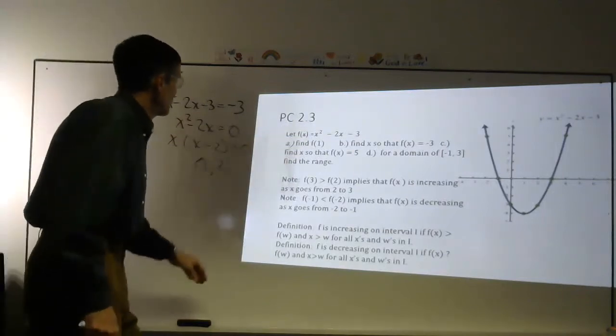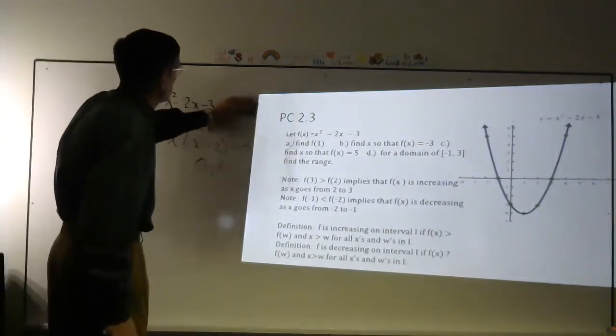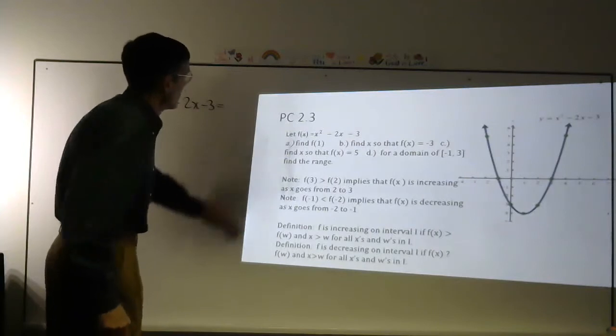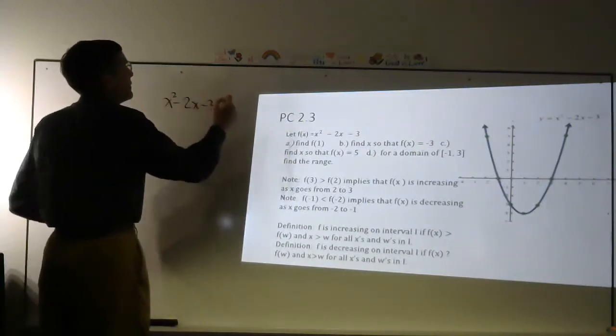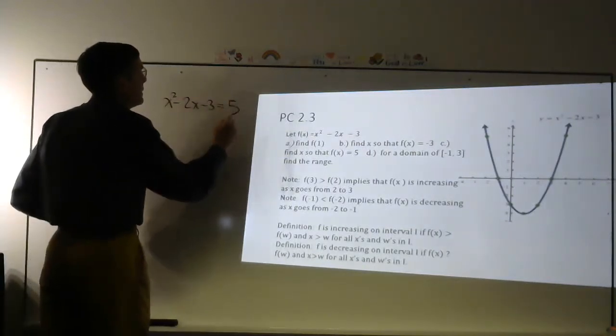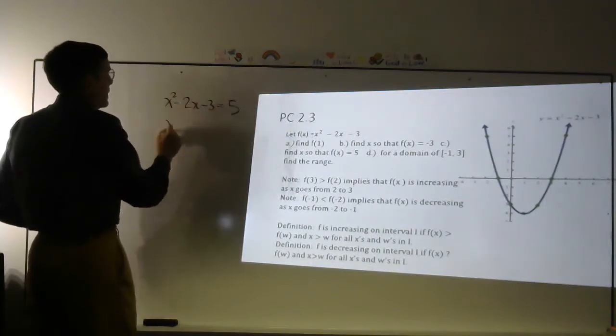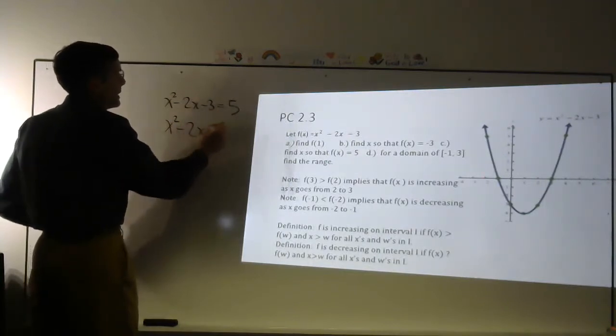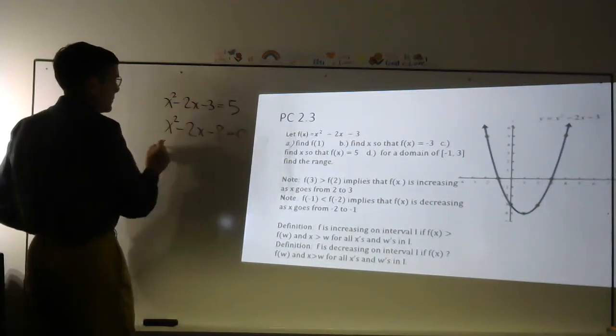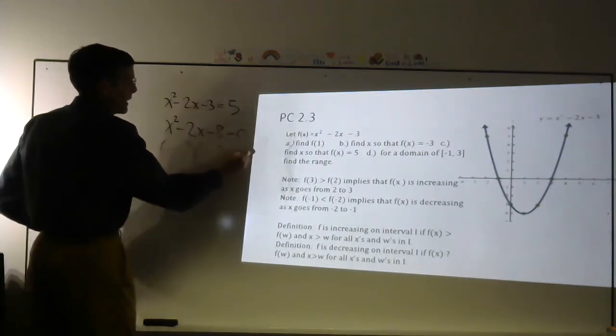Find x so that f of x is 5. So I can just replace this with a 5 right here. Get everything on one side. x squared minus 2x minus 8 is 0. Wouldn't it be nice if it would factor?